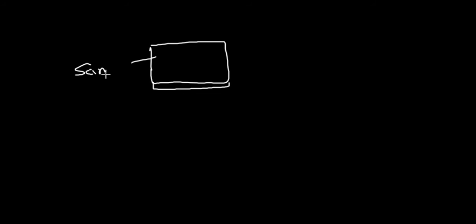We'll see the construction. Basically it consists of a scintillator, a material which is going to do the scintillation. Then we'll have a photocathode. So this is your scintillator, and this is your photocathode.